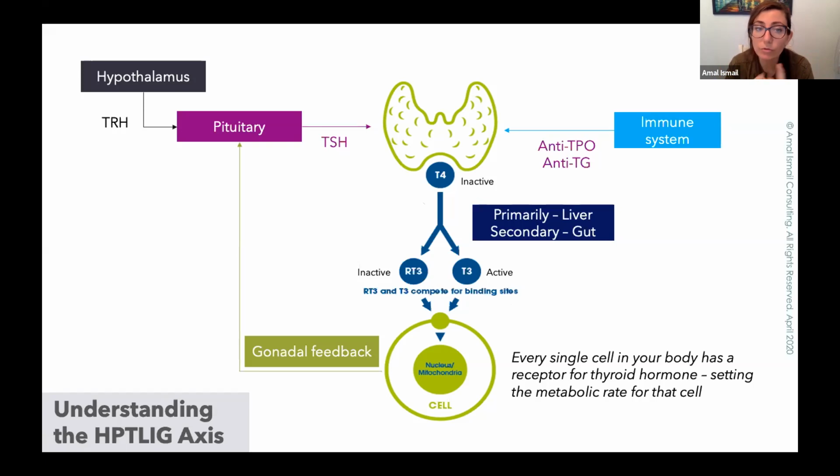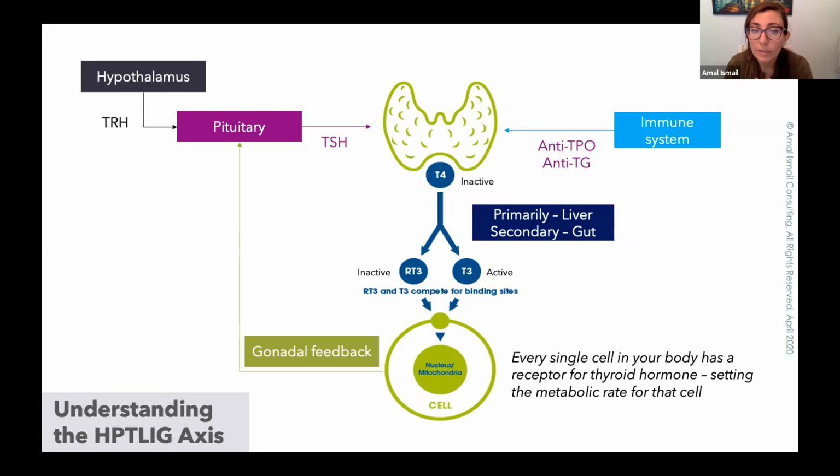In response to a signal from the hypothalamus by this hormone called thyroid releasing hormone, it activates the pituitary to produce thyroid stimulating hormone, which most of you would know as the common blood test that is carried out to assess thyroid function.